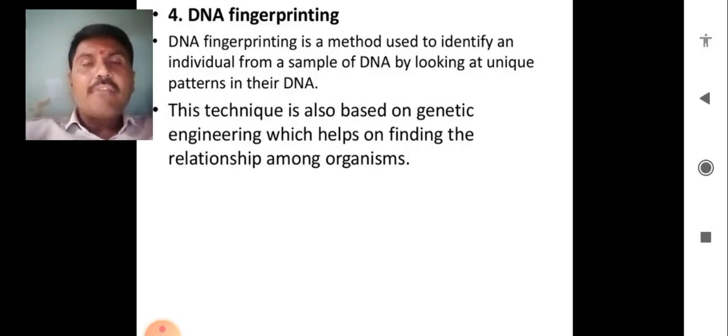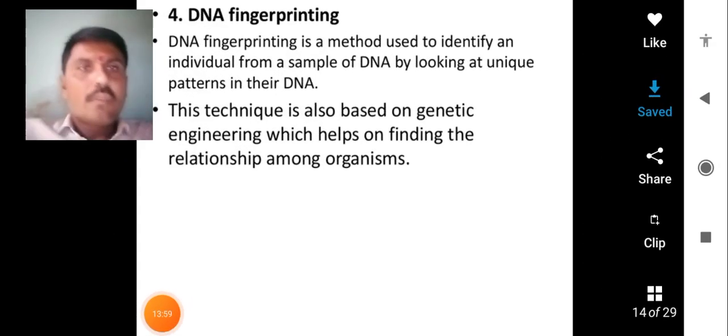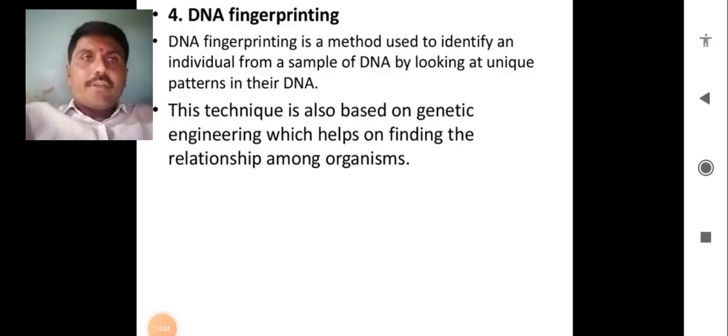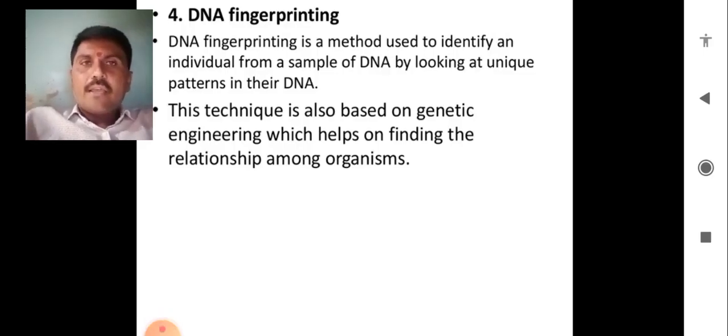DNA fingerprinting. We are all aware of DNA fingerprinting. DNA fingerprinting is a method which is used to identify an individual from a sample of DNA by looking at unique patterns of the DNA sequences.